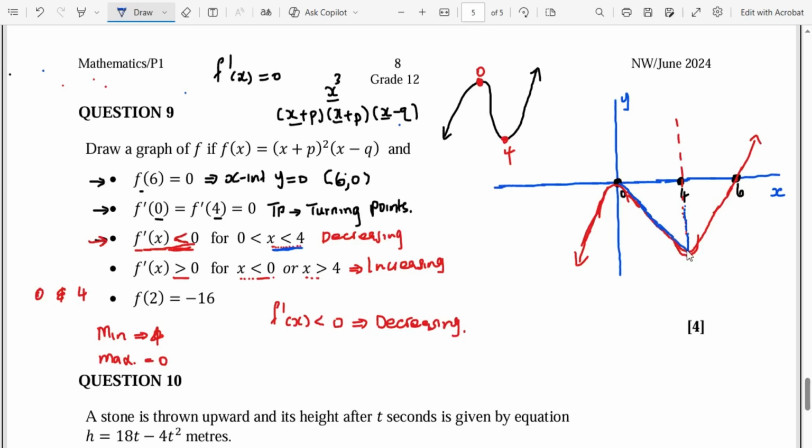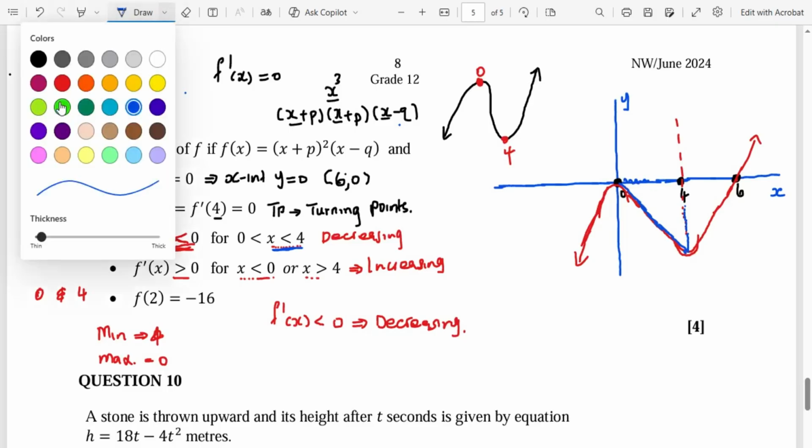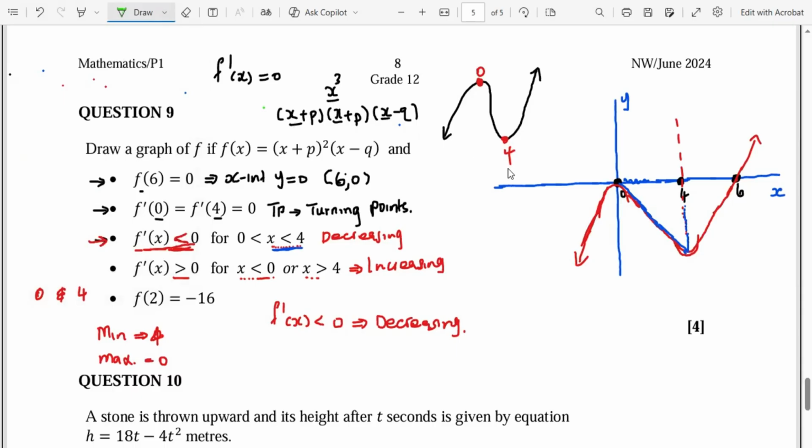Let me indicate that with a different marker. This part here, your graph is decreasing, which is that part. Less than 4 and greater than 0. This is the mark, which is that blue part.